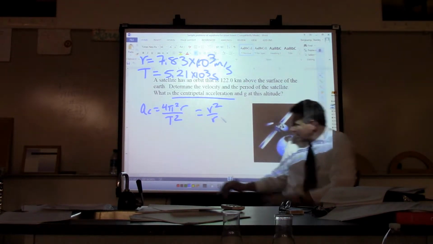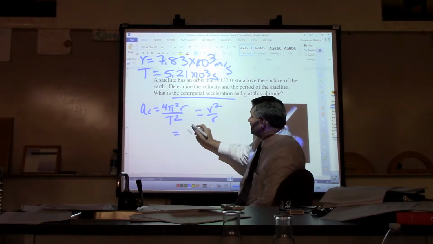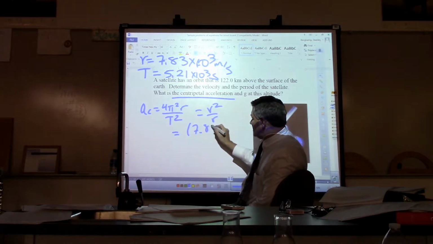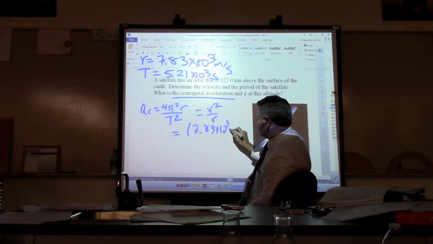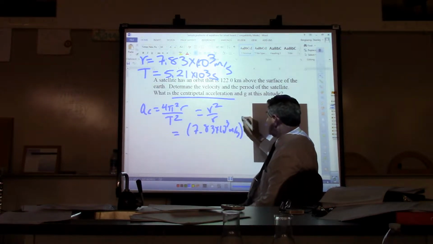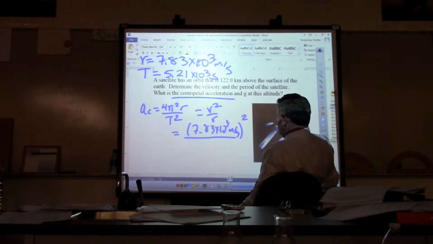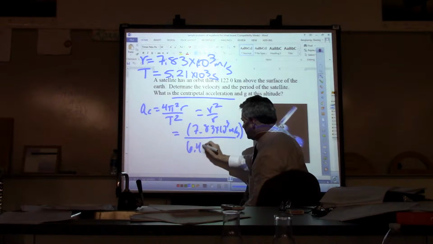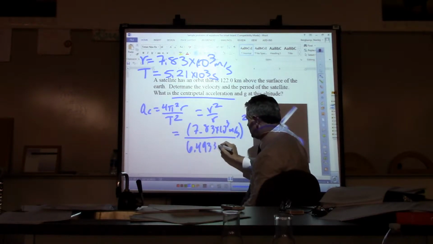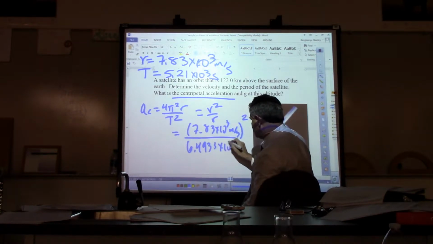The second one, okay? So we've got that velocity of 7.83 times 10 to the third meters per second. That's going to get squared. And what was our radius? 6.4933 times 10 to the 6 meters.